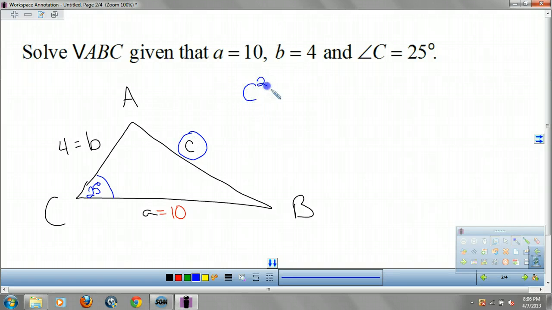So we set it up. We're looking for c. So c squared equals, well, our a squared plus b squared, which a was 10, b is 4, minus 2 times, well, these 2 numbers we used again, 10 times 4.